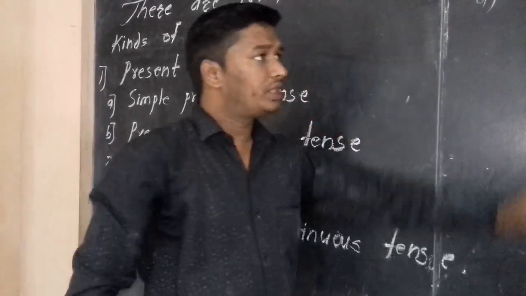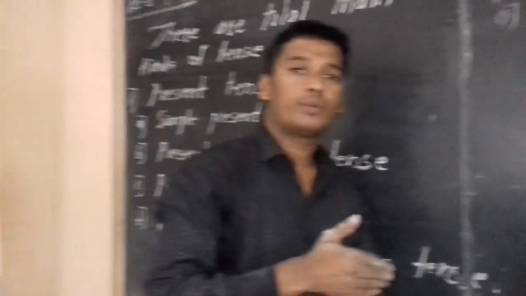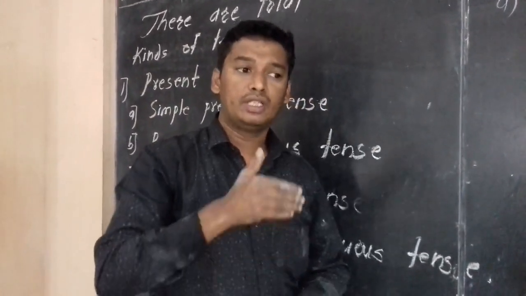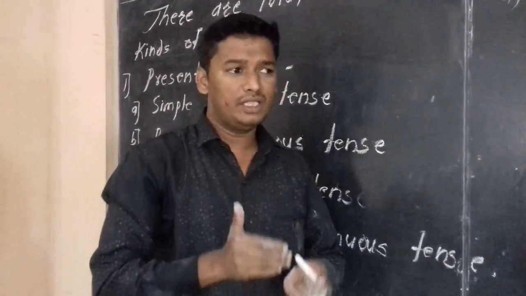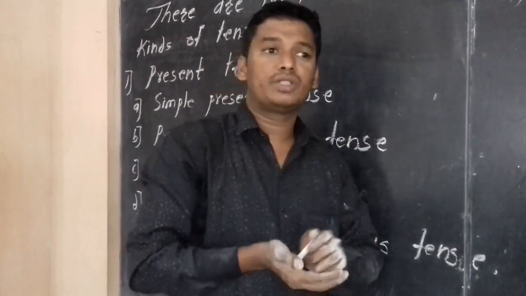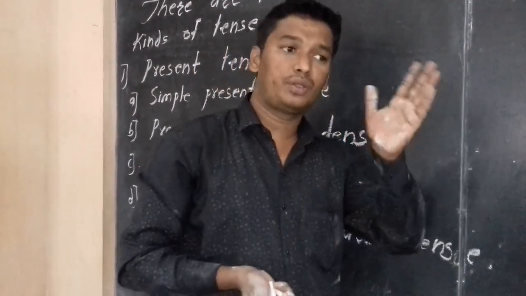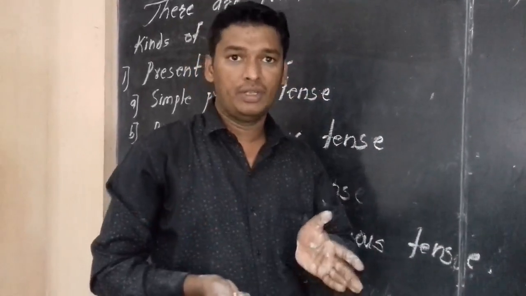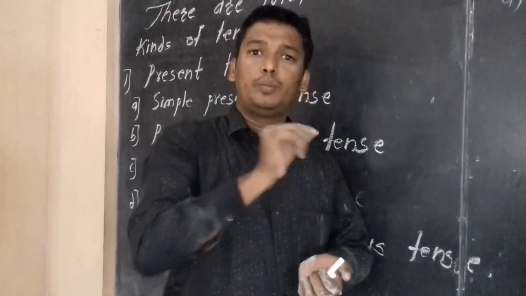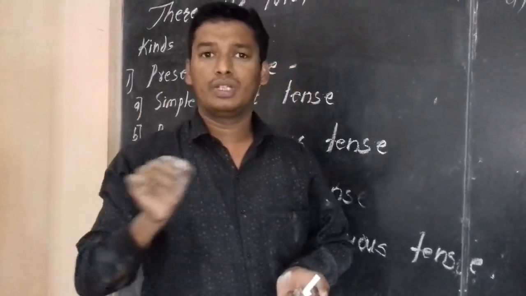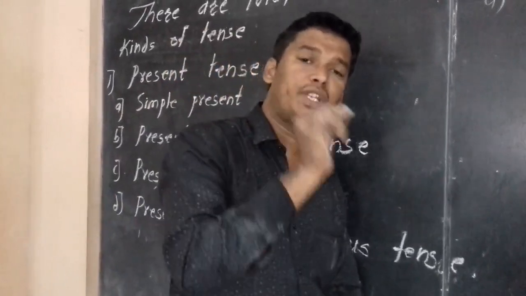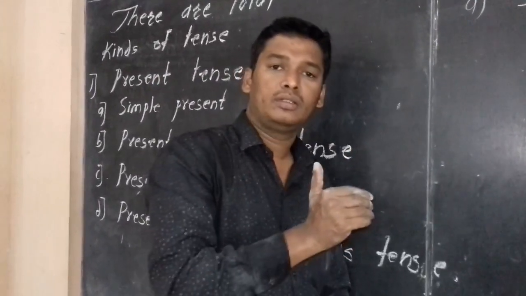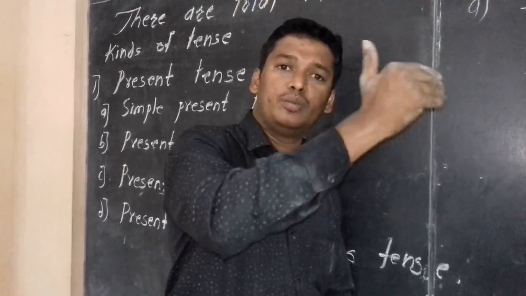Now, third, we use this tense to express general truth. What is the meaning of general truth? General truth means such truths which are accepted by all of us. For example, 2 plus 2 is equal to 4. It is accepted by everyone. The Taj Mahal is white.